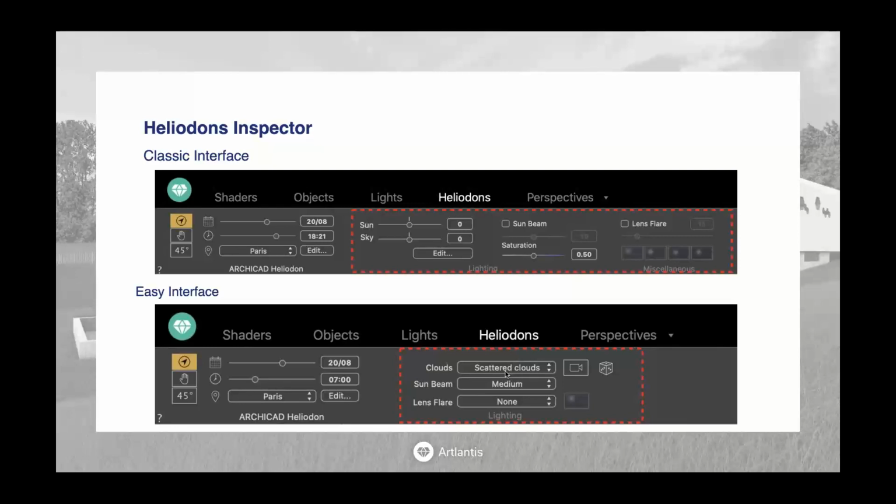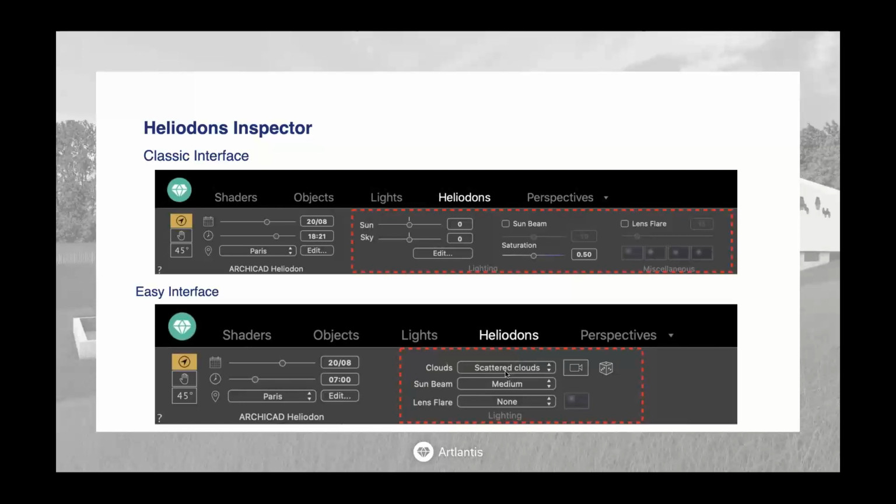So the light power now, both sliders are collected and cumulated into a roll down list called Sunbeam. You have medium power, higher, lower power of the value for the two sliders, which at this point are working together.